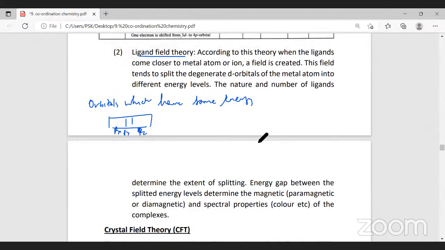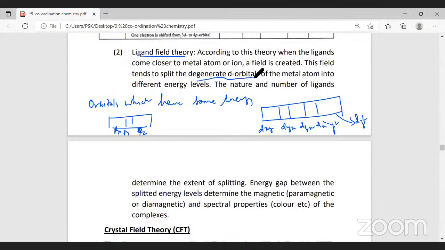Now, coming to the d orbitals, the d subshell has 5 orbitals. What are the names of those? dxy, dyz, dzx, dx square minus y square, and the last one is dz square. All these 5 d orbitals have the same energy. Therefore, these 5 orbitals are called degenerate d orbitals.